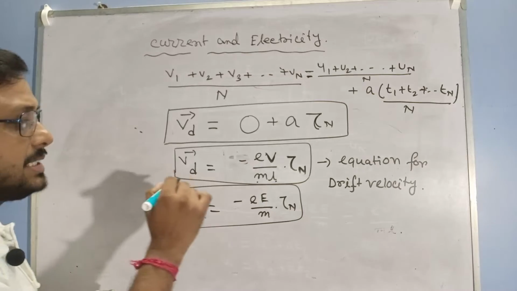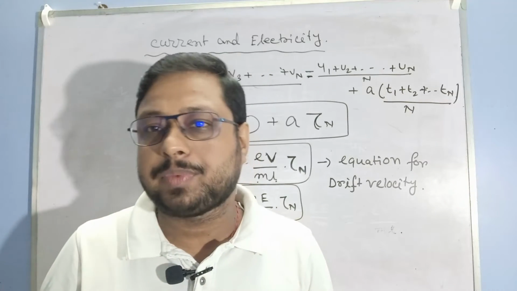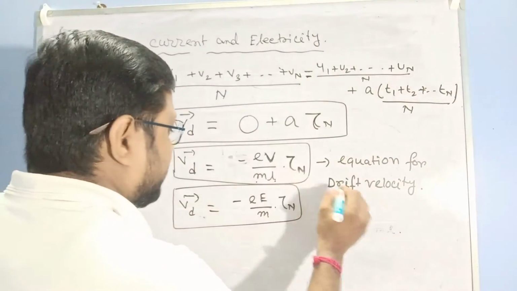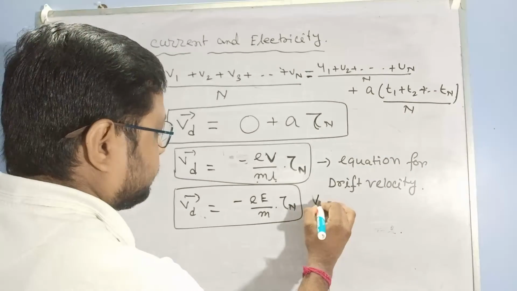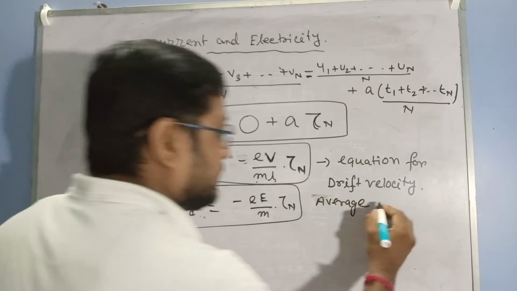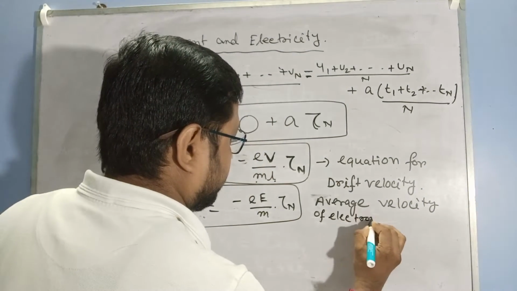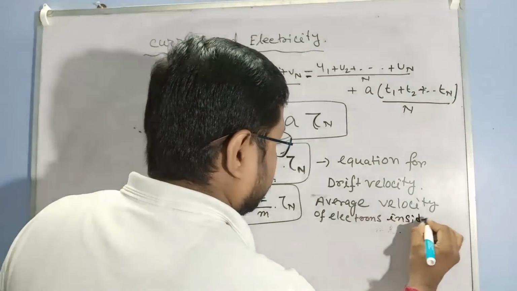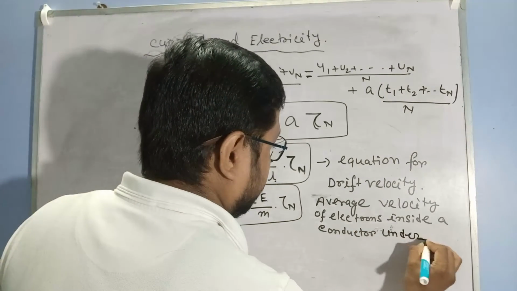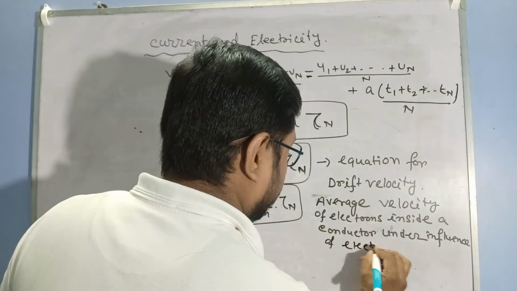Drift velocity is the average velocity of electrons inside a conductor under the influence of an electric field.